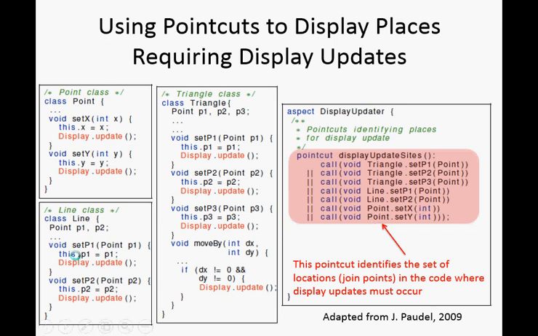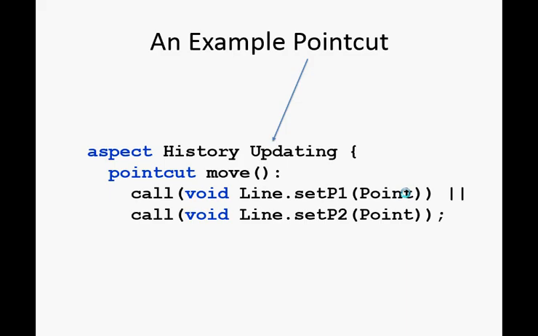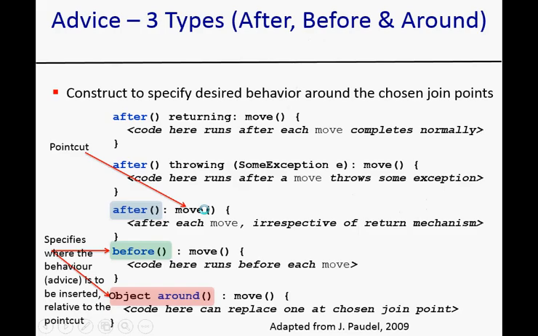And that logic, rather than being scattered throughout this code base, is going to be in one place. It will say display update when any of these things are changed. And in some cases, we might try to formulate more general rules: whenever we set something, whether it's P1 or P2 is immaterial, whenever we set a property, maybe we want to do a display update. We could specify a simpler rule.